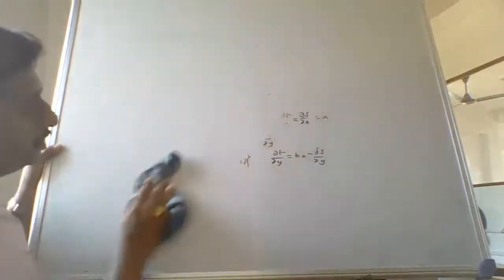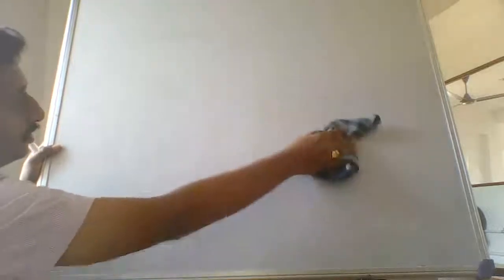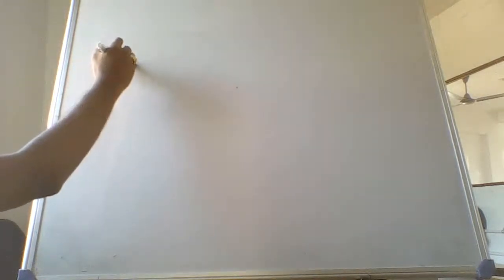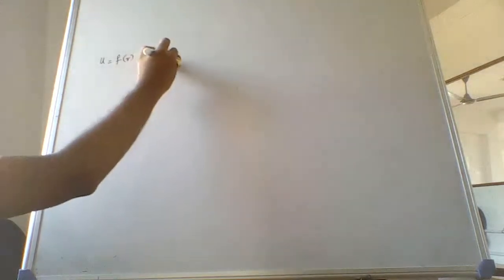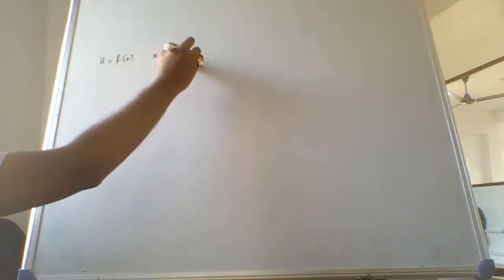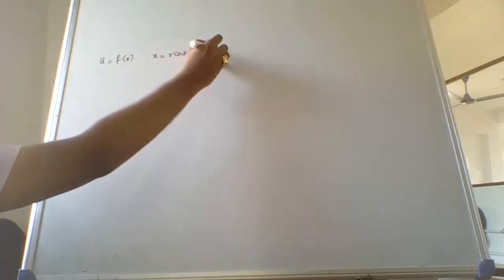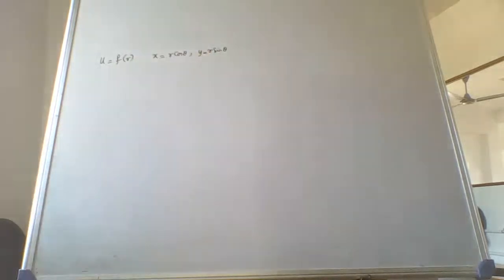Now, looking into the next problem, let us take u as f of r, and x is equal to r cos theta, y is equal to r sin theta.